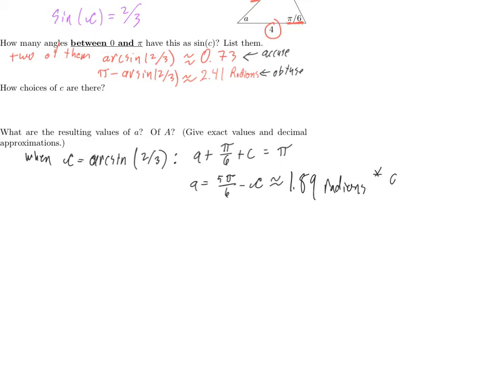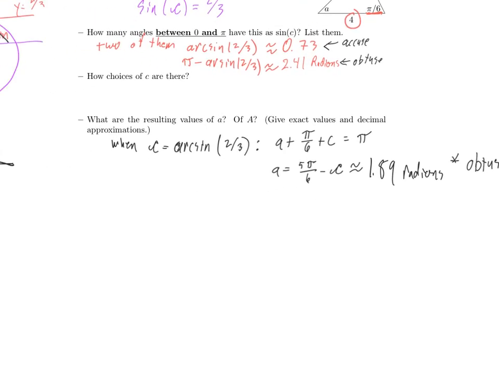And again, notice, this is an obtuse angle. The final option is, let's see what happens when C is equal to pi minus arcsine of 2 over 3. Let's see what we get.